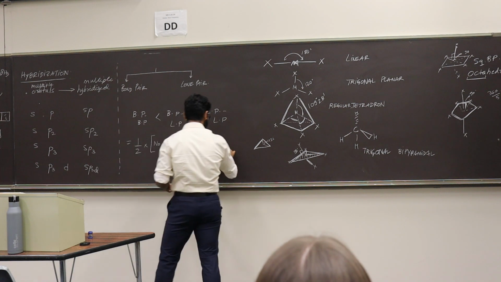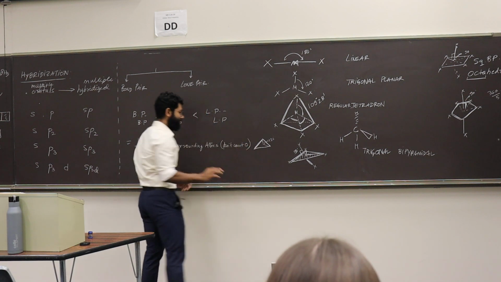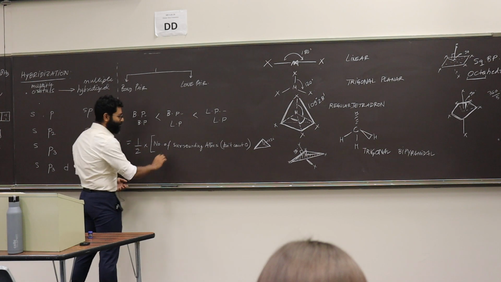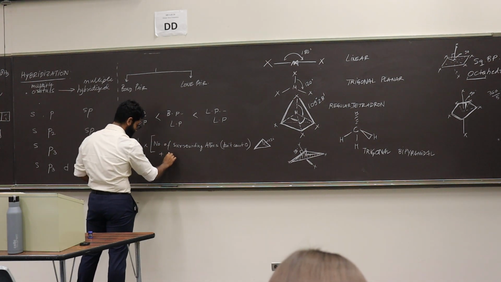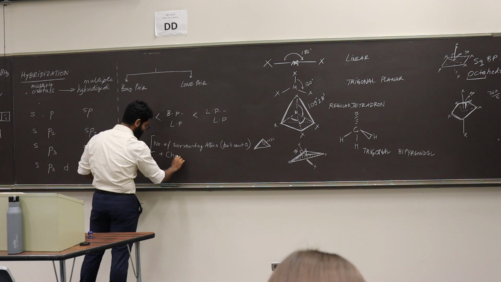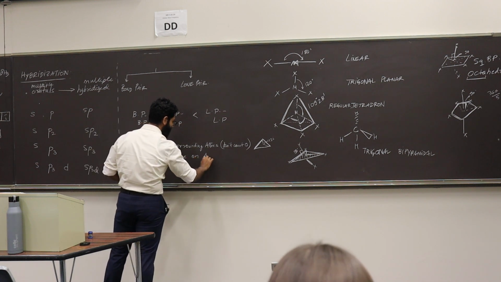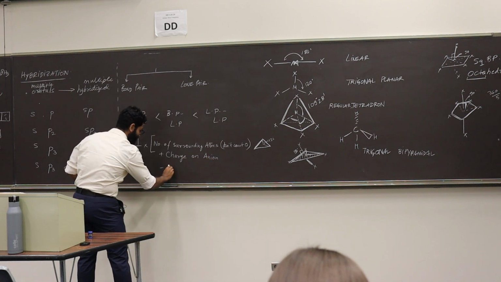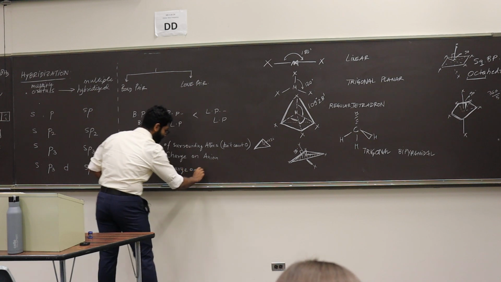But I don't count oxygen. This will make sense, believe me, or maybe not. But this works. Plus the charge: if the charge is negative, so charge on an anion, just add it, and subtract the charge on the cation.